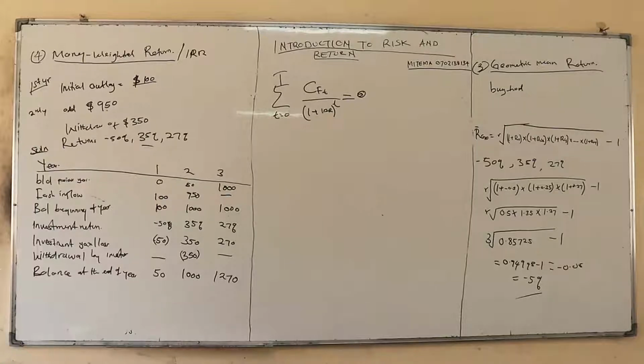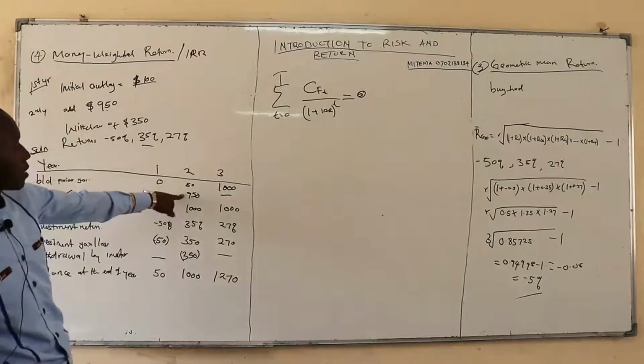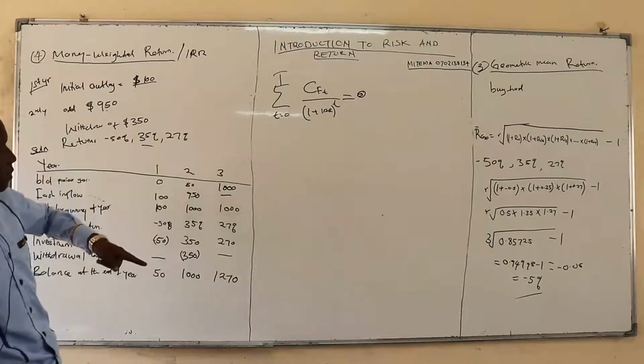First of all, there was the cash inflow, which was 100, the initial amount of money that the investor had invested in the business. And the second cash flow is 950. Again, this is another amount of money that the investor invested in the second year.